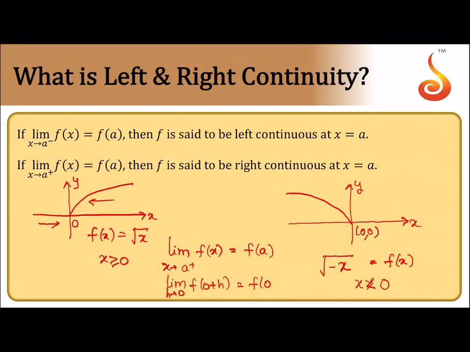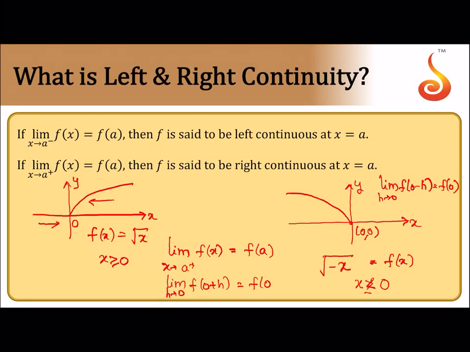Take negative values, x is less than 0, then only the negative becomes positive. So the domain is x less than or equal to 0. Here there is no function defined on the right, so we say it is left continuous. You can also write limit x tending to 0 minus f of x is equal to f of 0.